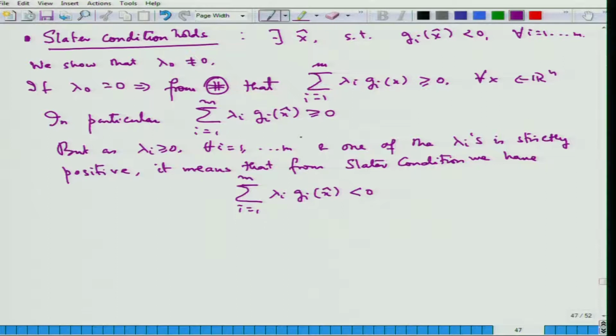So, these two are contradicting each other. So, what we have here is a contradiction.